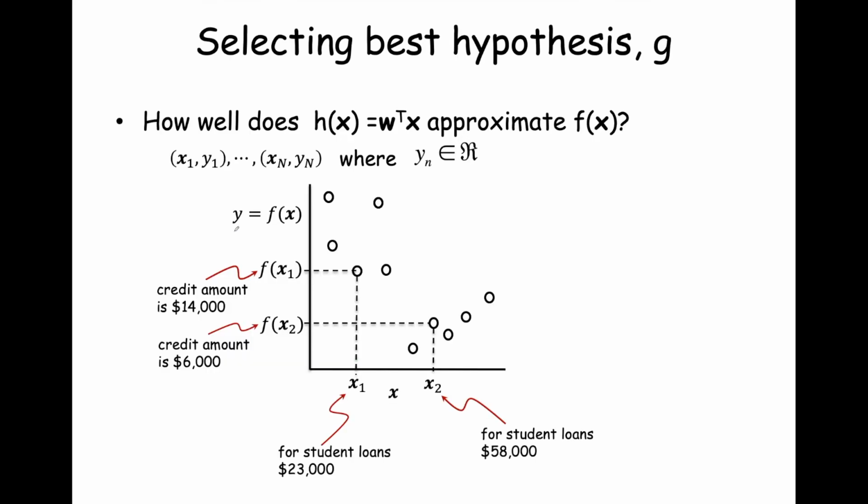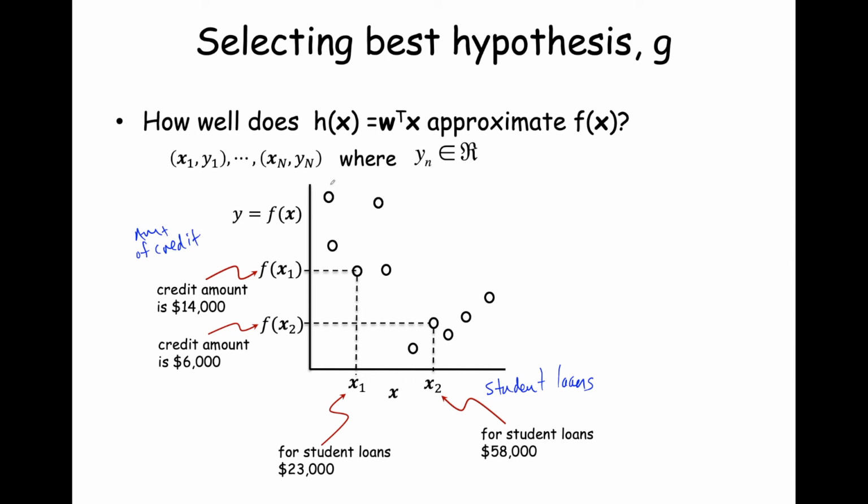And so we talked about this idea of how you select the W. And we said we want to select the quote-unquote best hypothesis, final best hypothesis, G. And so here in this example, we have our historical data. And in this particular example, we have along the horizontal axis the amount of student loans. And along the vertical axis here, we have the amount of credit assigned by the bank, or the size of the credit line.